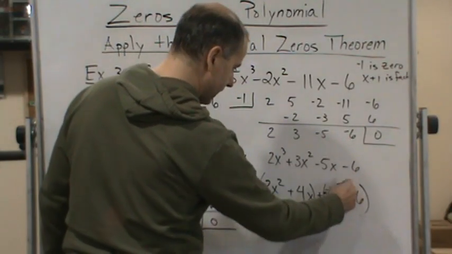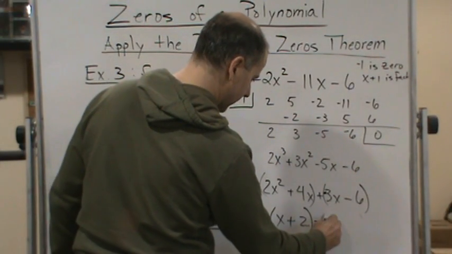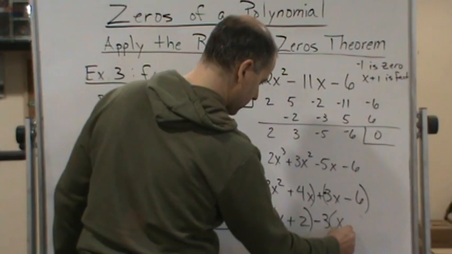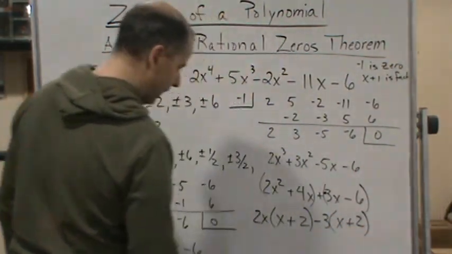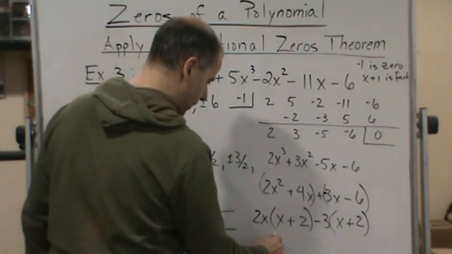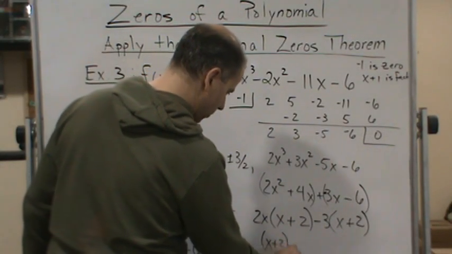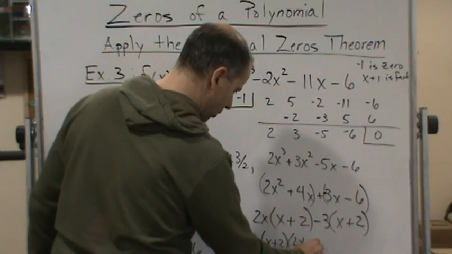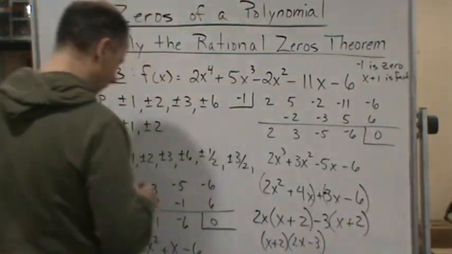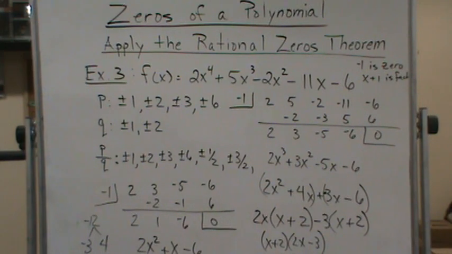Then I factor out a -3, so this is minus 3 times x plus 2. Now I've got another common factor, so I'm going to factor out x plus 2. That gives me x plus 2 times the quantity 2x minus 3. And now I'm done. I've got it completely factored.